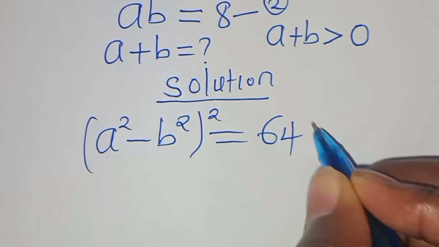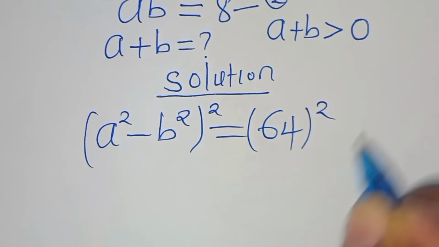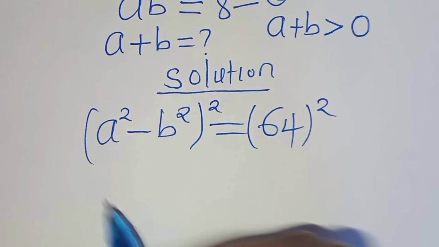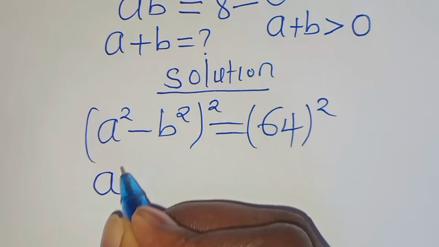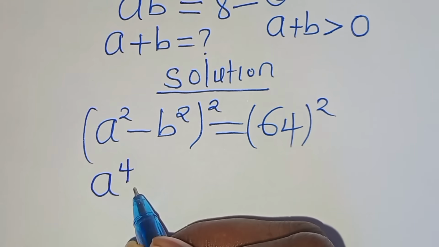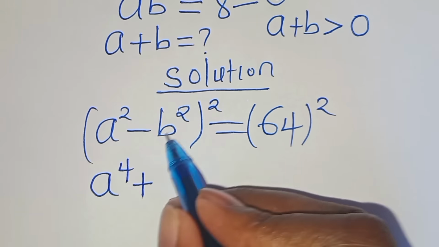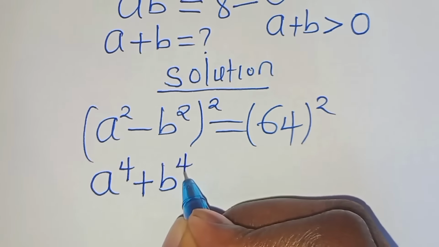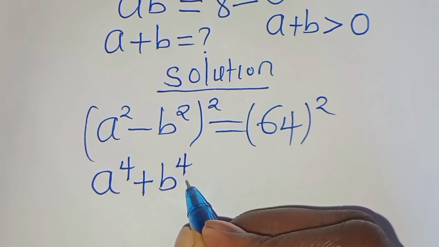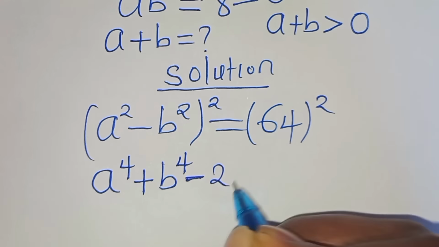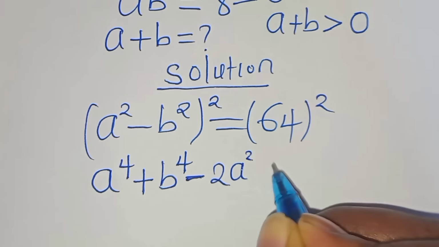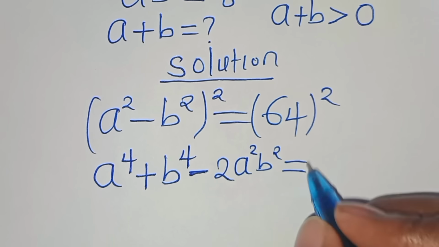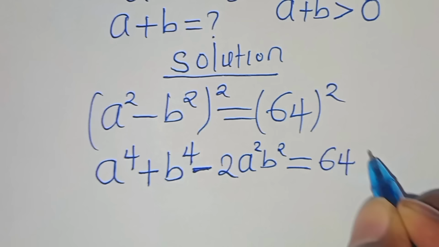So now we have a to the power 2 squared, which becomes a to the power of 4, plus b to the power of 2 raised to the power of 2, which becomes b to the power of 4, then subtract 2 a squared b squared. This is equal to 64 to the power of 2.